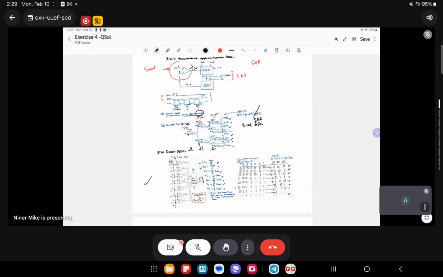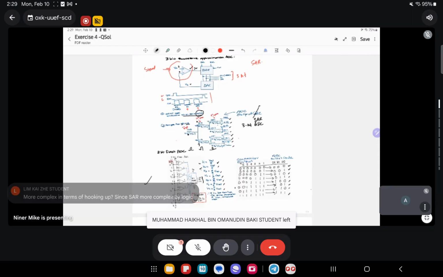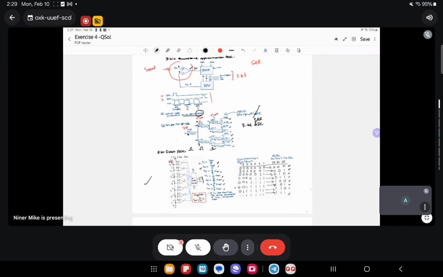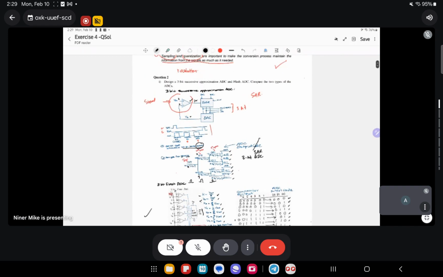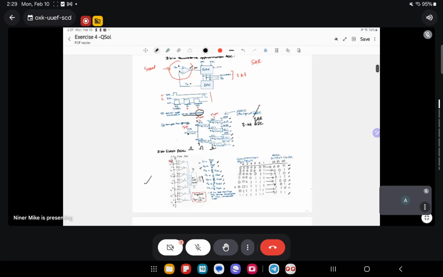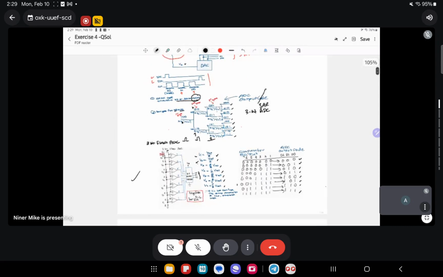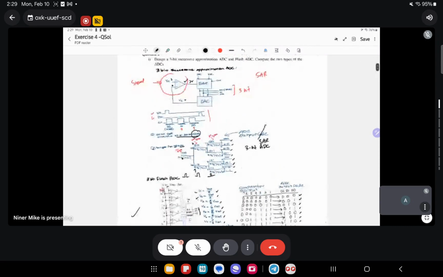Which one is expensive? Yeah, true. Because you said more complex, this one is probably complex from the architecture. This one is simpler in terms of architecture. But component-wise, this one is more complex. We have a lot of comparators to put in.